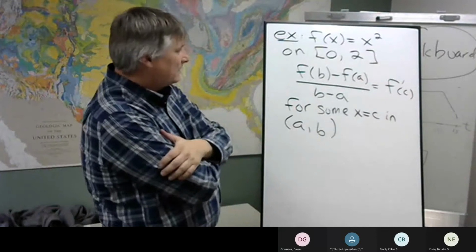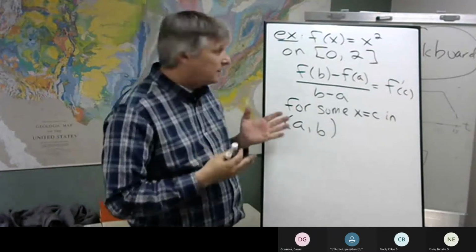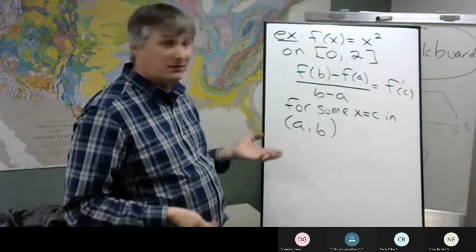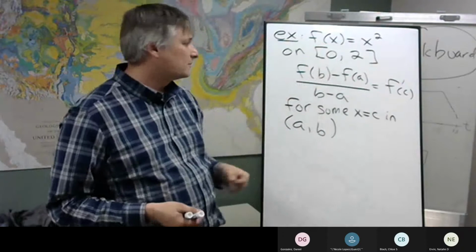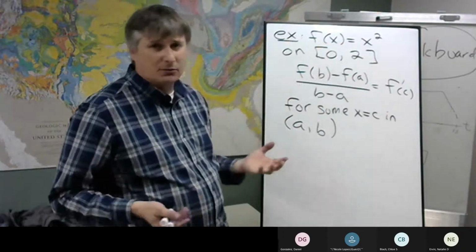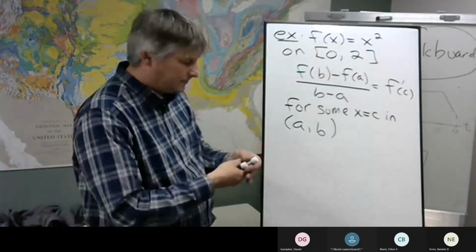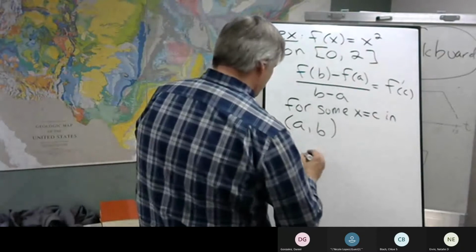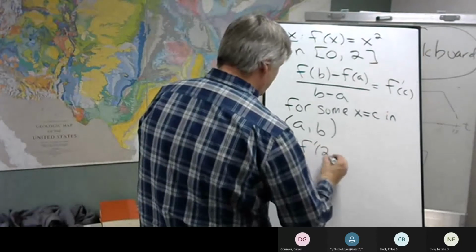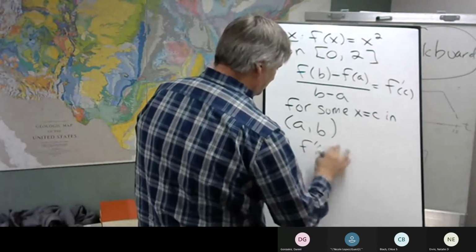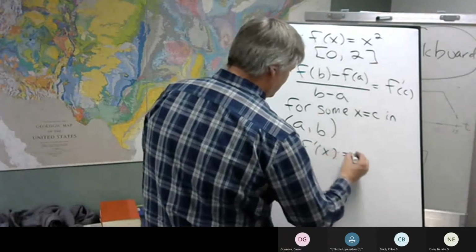So that being the case, now we can say this again because f of x is going to be continuous on this closed interval. If we take the derivative, f prime of x is 2x.